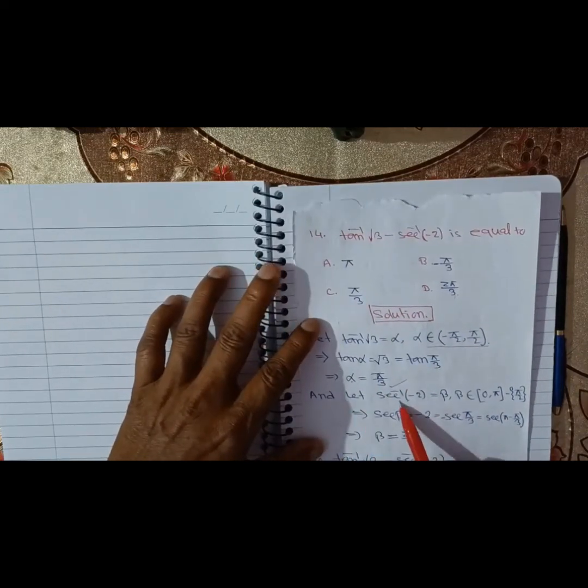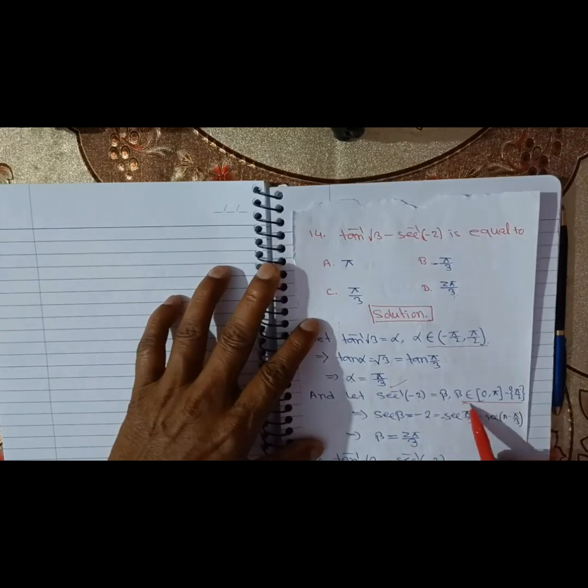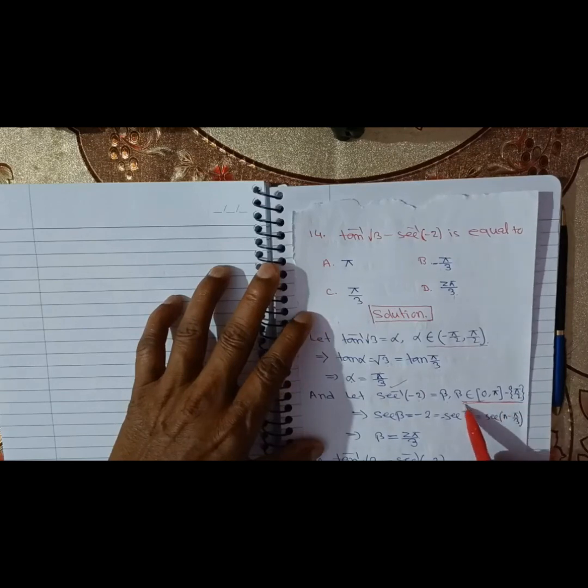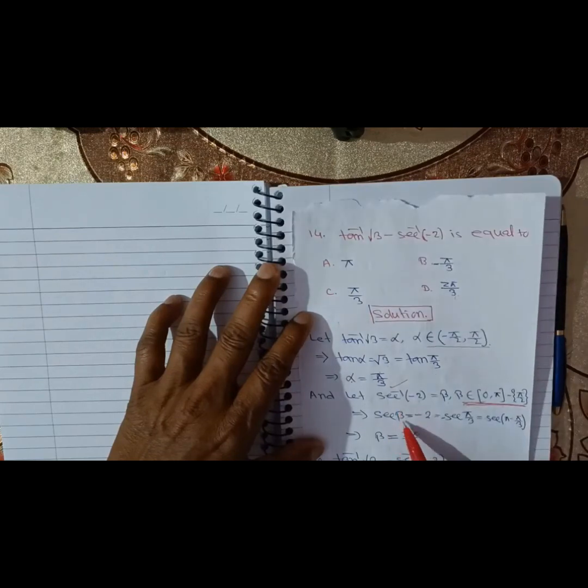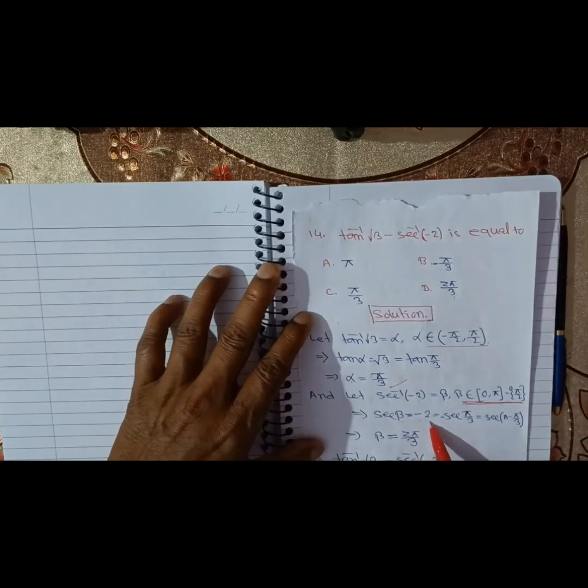And let sec inverse minus 2 be equal to beta, where beta belongs to the range of the sec inverse function. After this, sec beta is equal to minus 2.